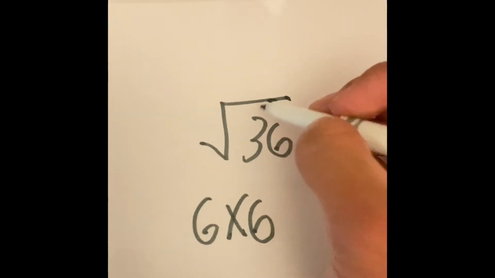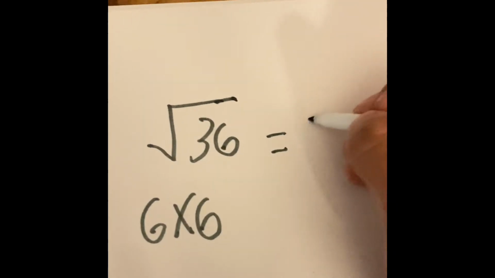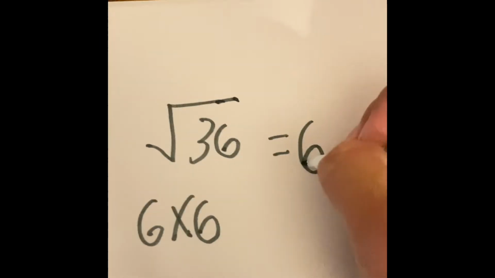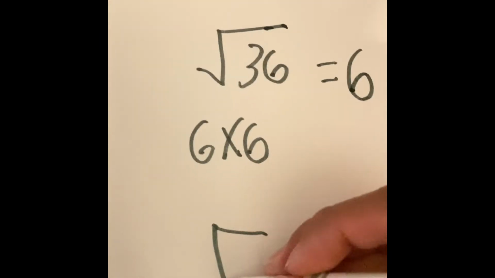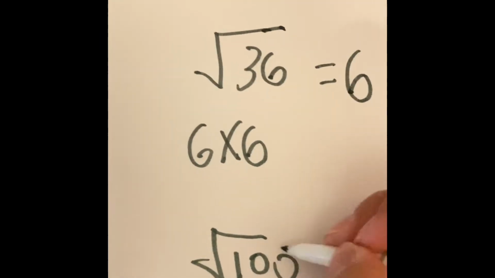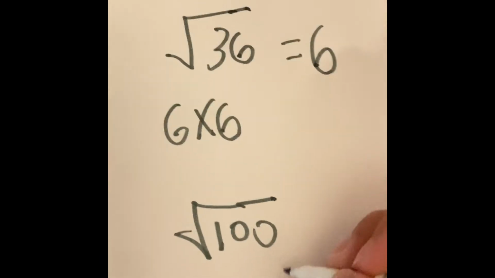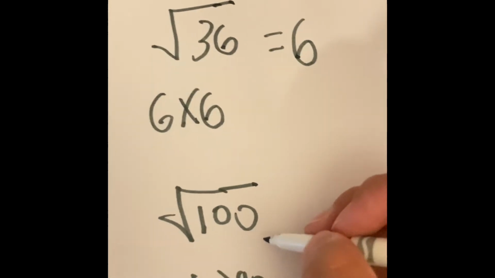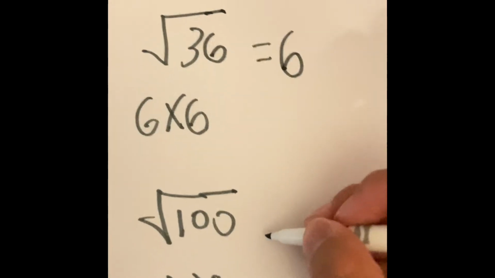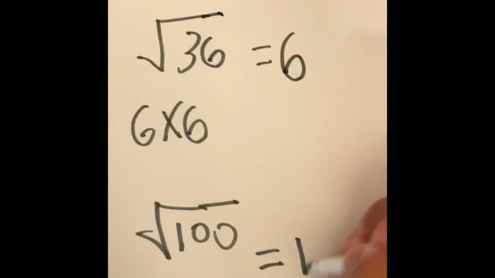So, the square root of 36 will equal 6. Let's try another one. The square root of 100, one of my favorites. Well, 10 times 10 equals 100. So that must mean the square root of 100 is 10.